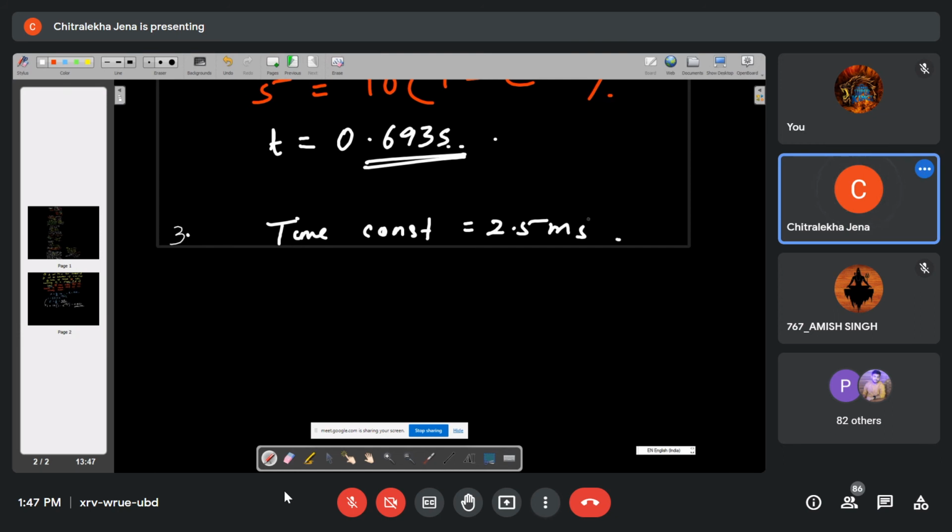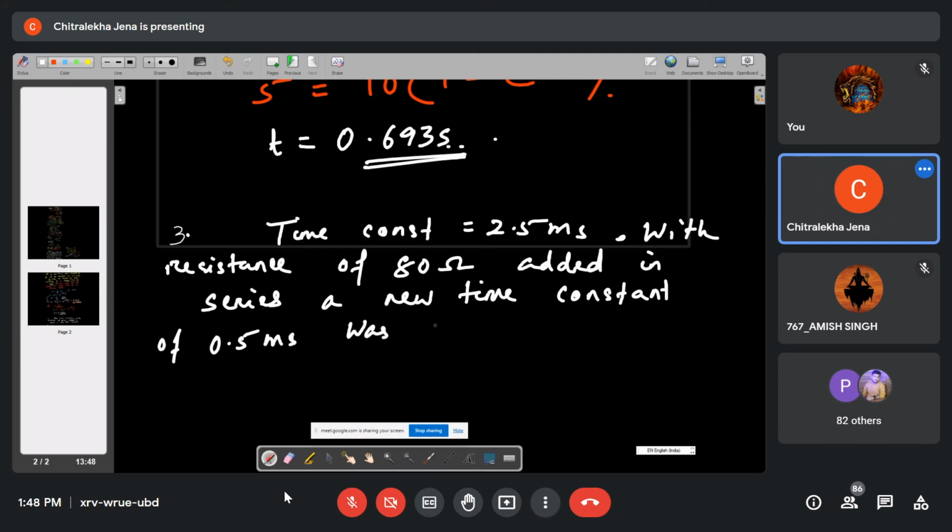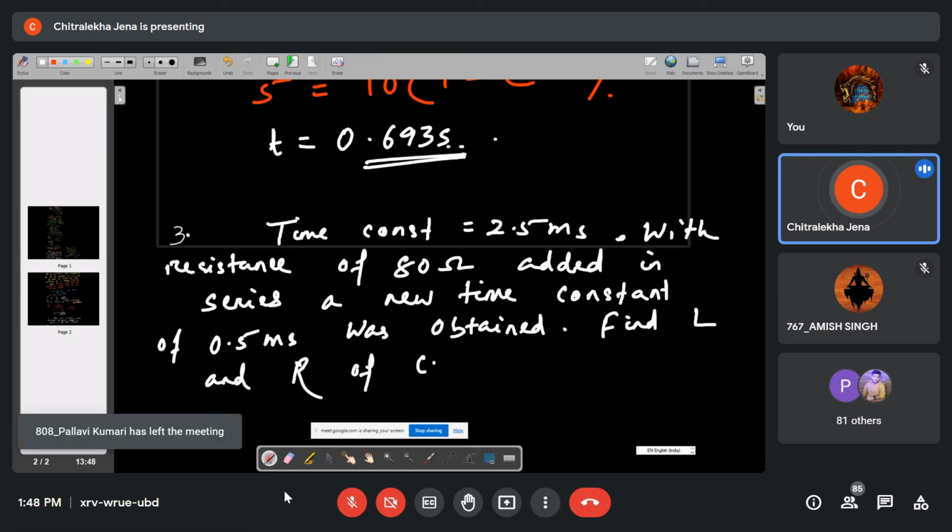Okay, for a circuit with a resistance of 80 ohm added in series, a new time constant of 0.5 millisecond was obtained. Find inductance L and resistance R of the coil. I have written this all in short, there is no time.